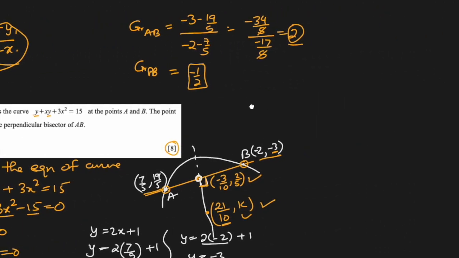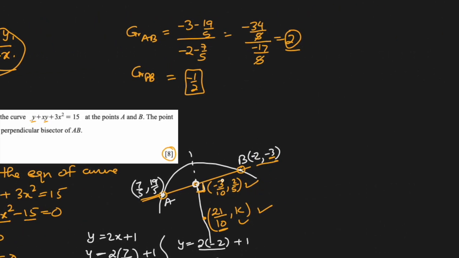So let's do it. Let's say this is y2, 2/5 minus k over minus 3 over 10 minus 21 over 10. This gradient has to be equal to minus half. That's what we got here.